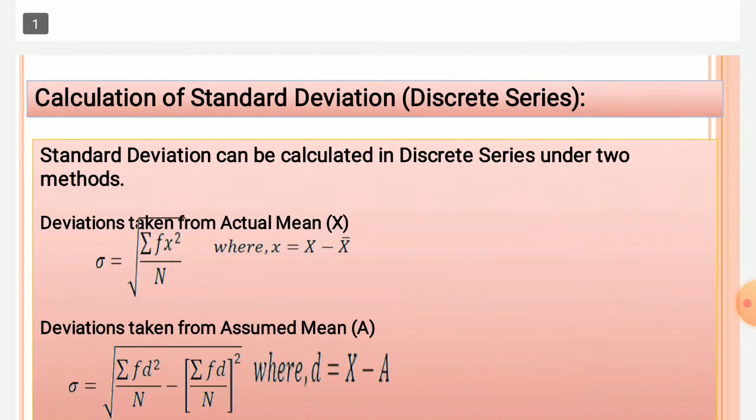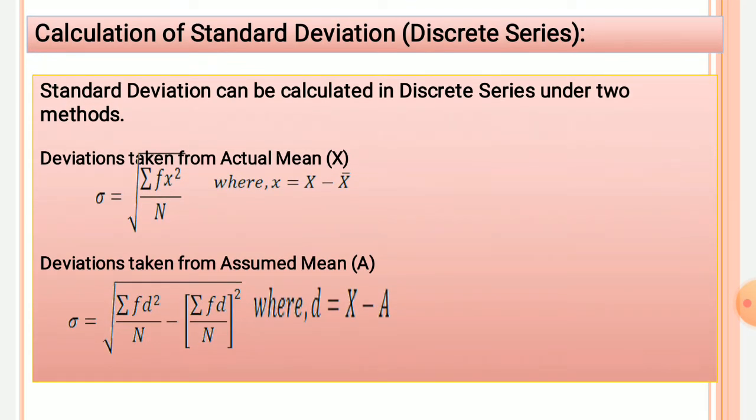And let us understand clearly how to solve standard deviation for discrete series. Standard deviation can be calculated in a discrete series under two methods. They are deviations taken from actual mean, that is x bar. When it is used to take deviations for all the values which are given in the series, then the formula is sigma is equal to root of sigma fx square by n, where x is equal to x minus x bar.